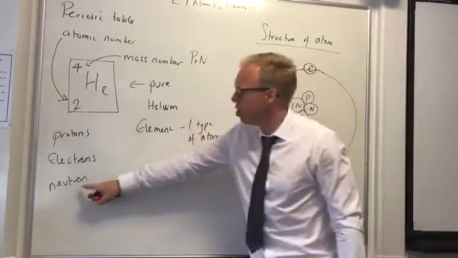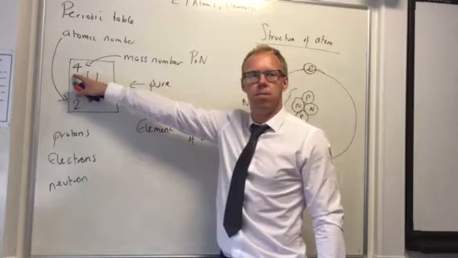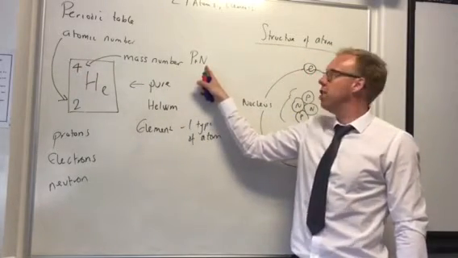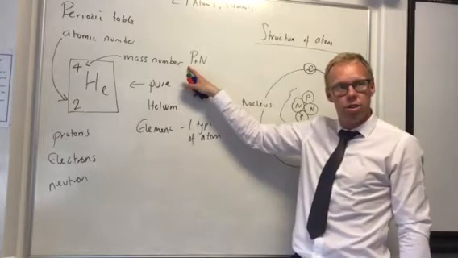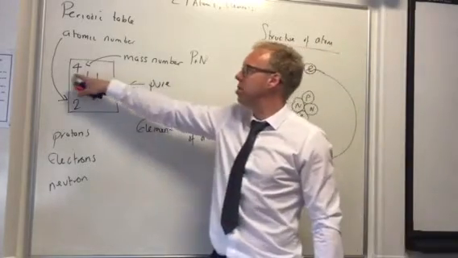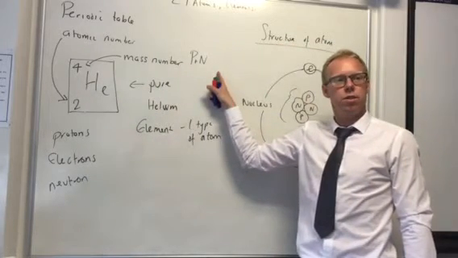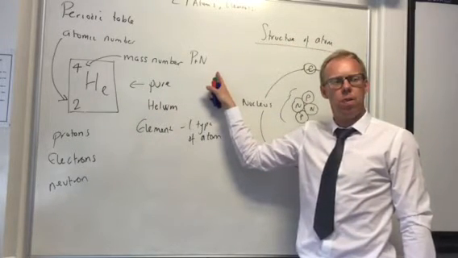The bit that tells you how many neutrons is the mass number, because that is the protons plus the neutrons. And you already know there's 2 protons, so that means there must be 2 more neutrons. Yes or no? Yeah. Alright, great.